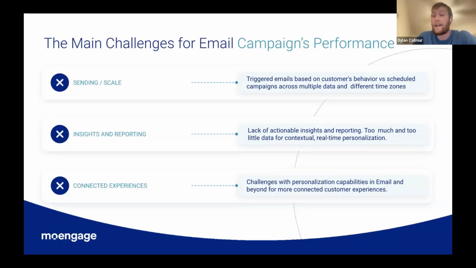You send irrelevant offers, it upsets people sometimes too, because it's like, hey, if you don't know me, why should I purchase from you, right? So helping you understand your customers a little bit better, triggering these emails based on customer behavior, and then using different data and different time zones also to get really granular on how you're engaging your users.